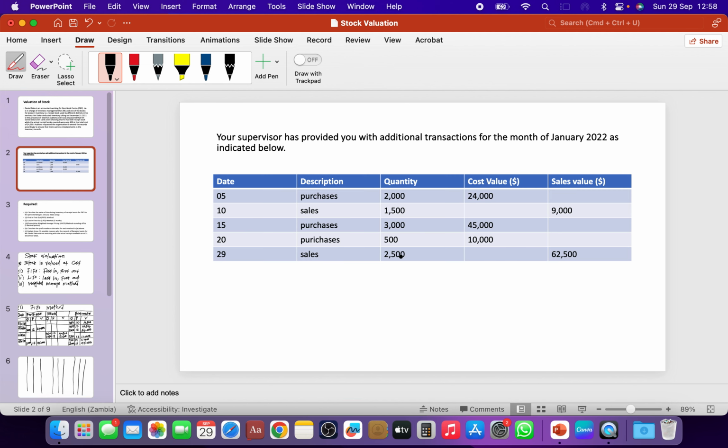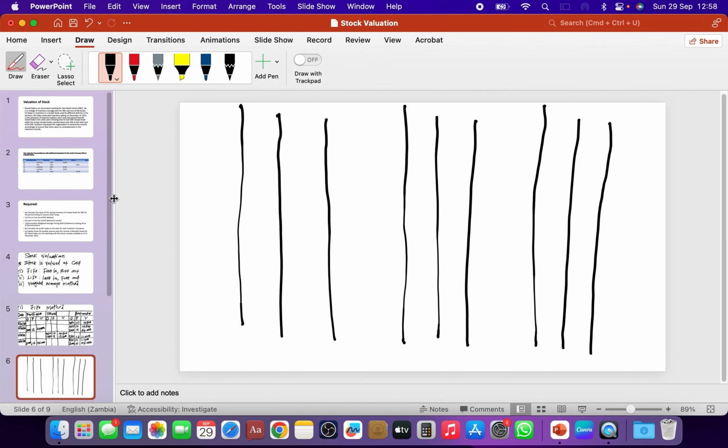So the next date that we're looking at is on the 20th of January, where we bought 500 items. So we come here. Before you record this transaction, check first your books. What will be the opening balance of your stock as at 20th January? Okay, so on the 20th of January 2022, you have balances here.